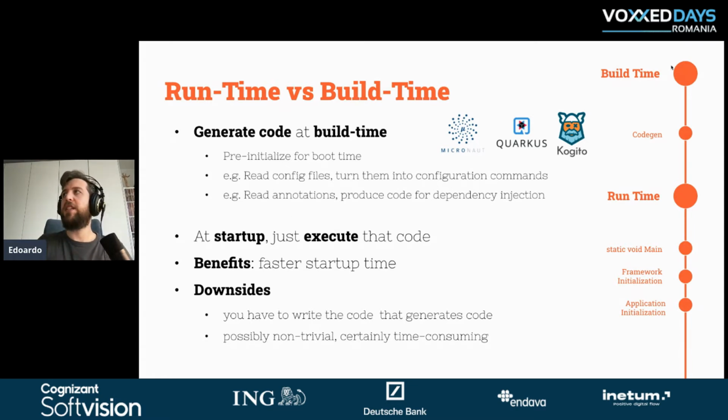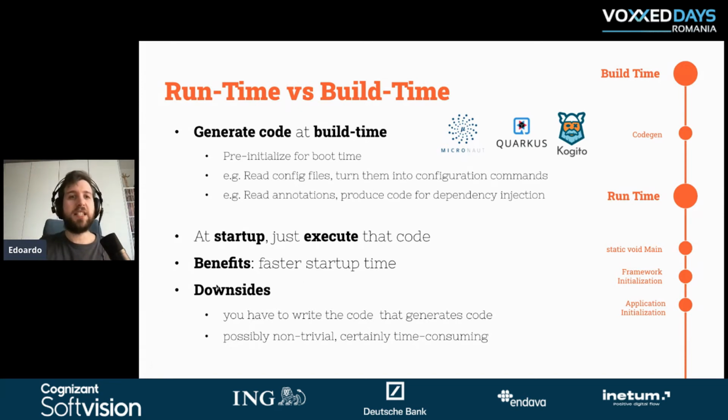Now, the idea here is that basically we're moving some of the processing that was living at runtime into the build time. And to do that, we do code gen. So our build time becomes larger, but then our runtime stays smaller. Now, the benefits are that, of course, the runtime becomes tinier. You can even drop dependencies, and that means that your image, your jar, your memory footprint will be smaller.